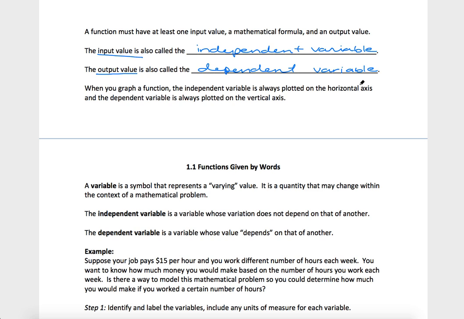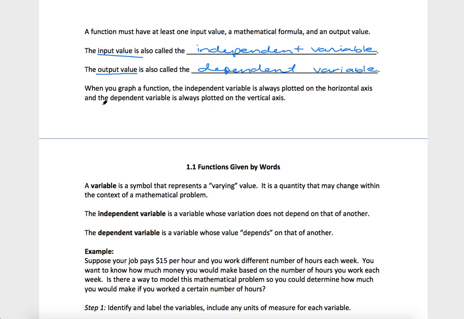Therefore, the dependent variable is dependent on that independent variable. Okay? All right, so I just want you to make sure you're aware that when I say input value, I'm referring to the independent variable. If I talk about an output value, I'm referring to the dependent variable.